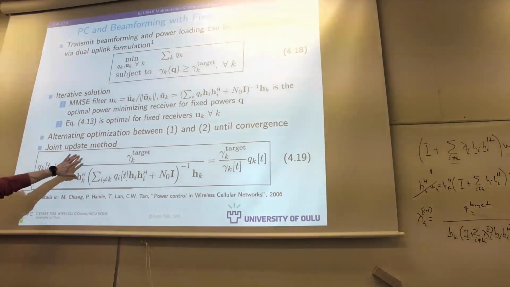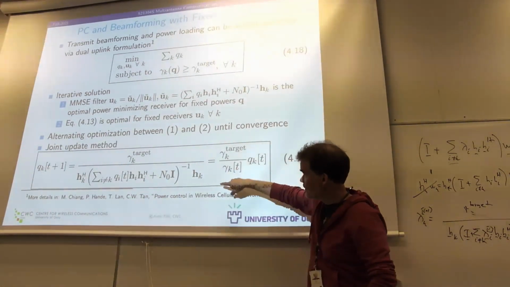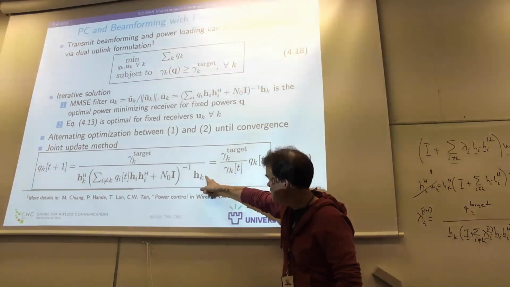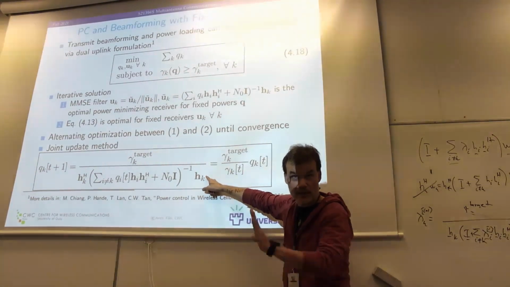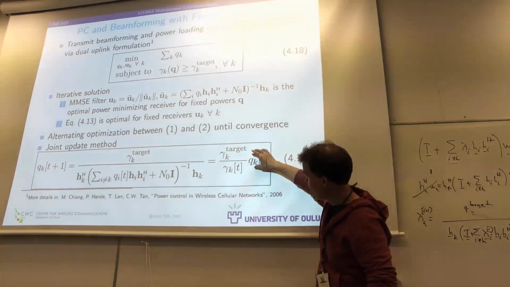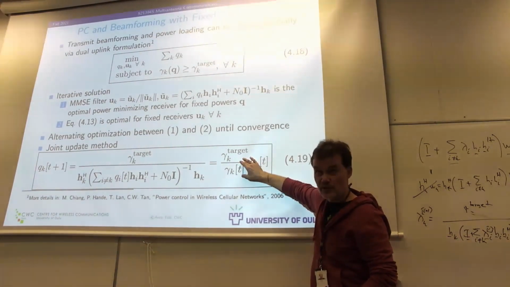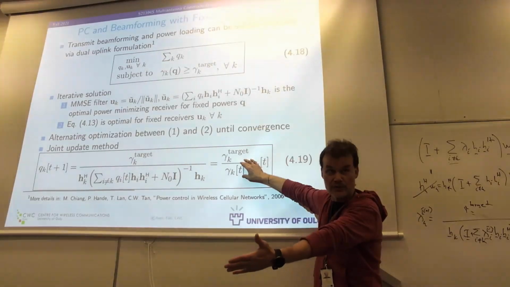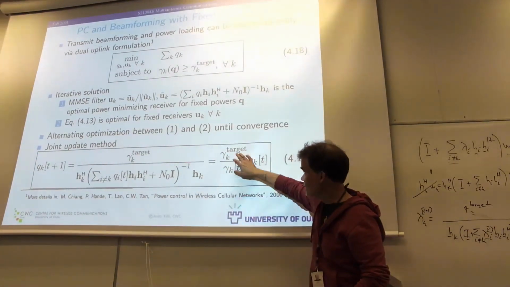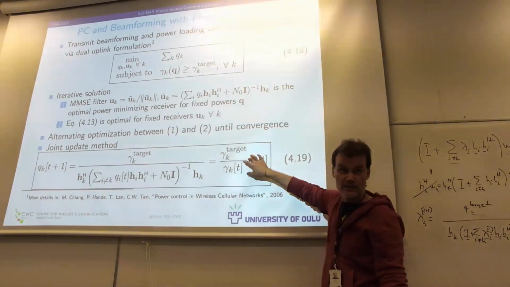So here you can interpret this as, in the dual uplink, when you add qk here, this becomes the SINR at the output of the MMSE. Right, qk of that is here. So you can update qk based on these instantaneous ratios of SINR target versus the actual SINR for given dual uplink powers. Meaning that if the actual SINR for this given q is smaller than target, increase qk with that ratio. Right? There's another interpretation of this point.